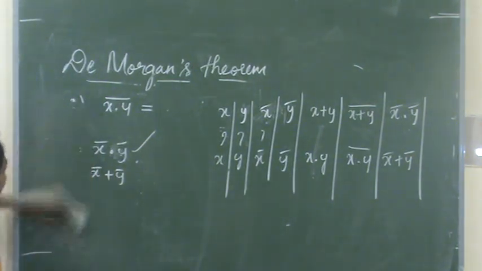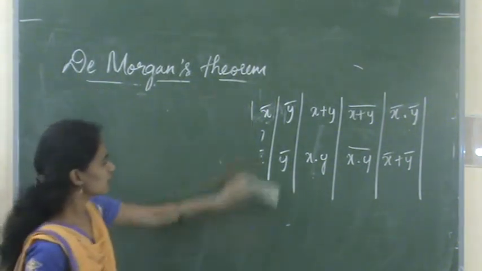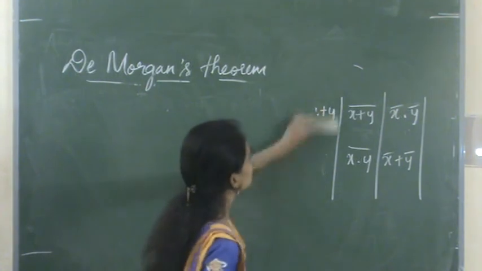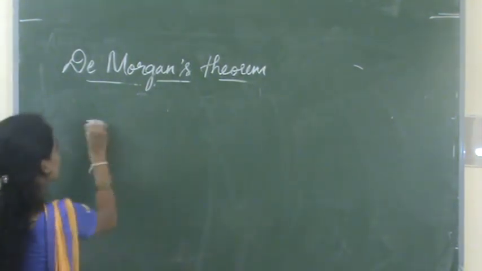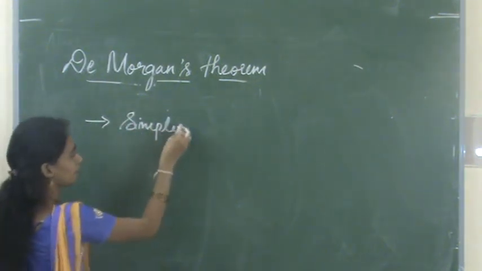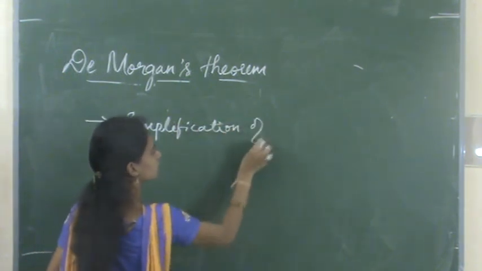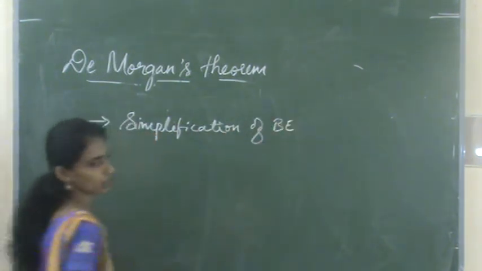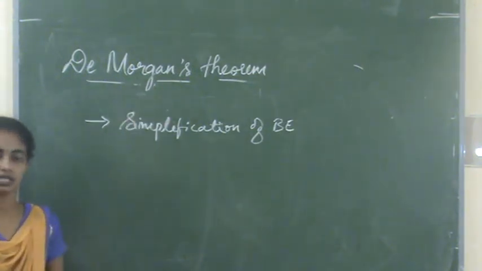So what are the applications of this De Morgan's theorem? Where we are using this De Morgan's theorem means, this theorem we are using for the simplification of Boolean expressions. To simplify Boolean expressions, we are using this De Morgan's theorem.